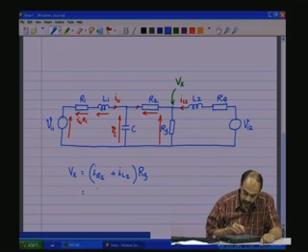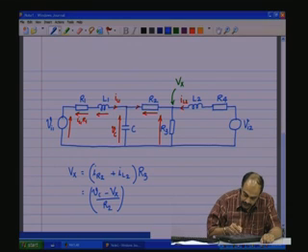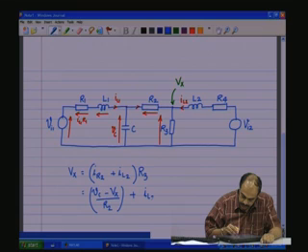or what is VR2? VR2 is nothing but the potential difference across this by R2. So, Vc minus Vx by R2 is the current through R2, plus IL2 is the current which is the state variable which is coming as the inductor current IL2 of L2.